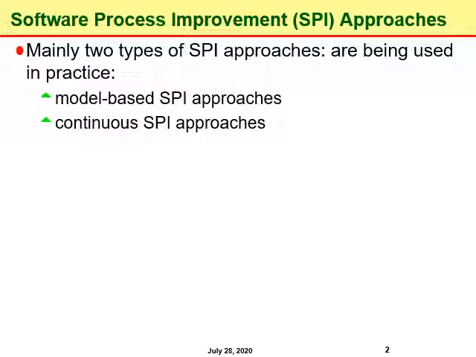For example, lack of indispensable processes such as sound project management, configuration and change management, and validation and verification processes. These problems impose significant risks and consequently result in damages to the organization.